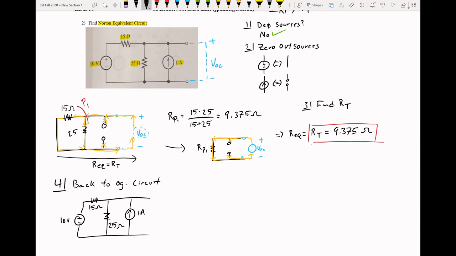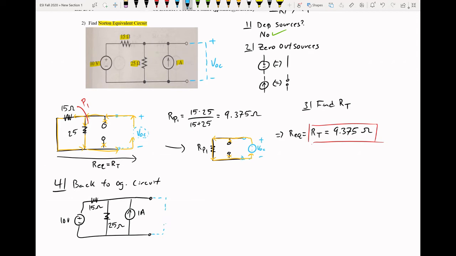Okay, and if we take a look here, drop these in here as well. We still have our imaginary wire here.